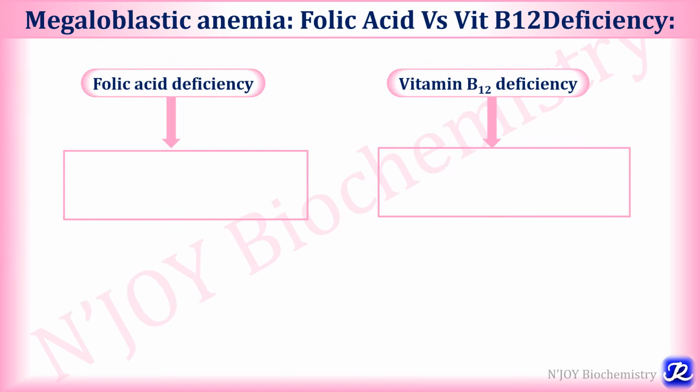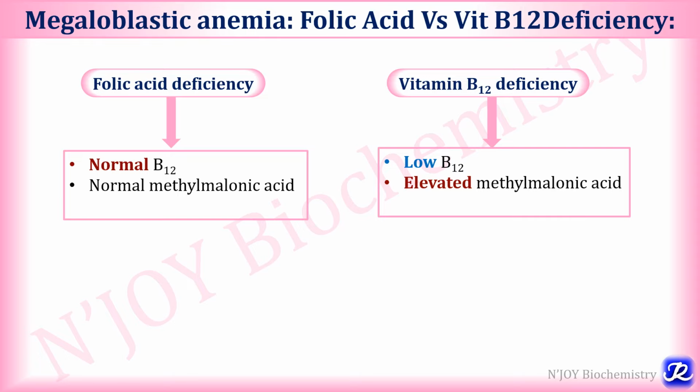Megaloblastic anemia can occur due to deficiency of both folic acid as well as vitamin B12. So it is very important to know whether the megaloblastic anemia is due to folic acid deficiency or vitamin B12 deficiency or due to deficiency of both. So in case of folic acid deficiency, folic acid level is reduced, but the vitamin B12 level will be normal, while in case of vitamin B12 deficiency, it will be low.